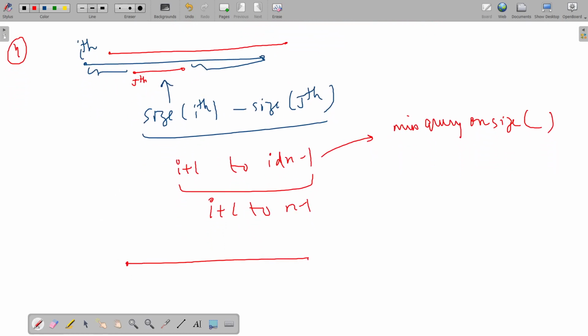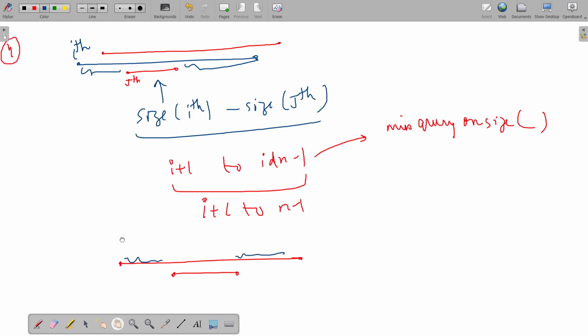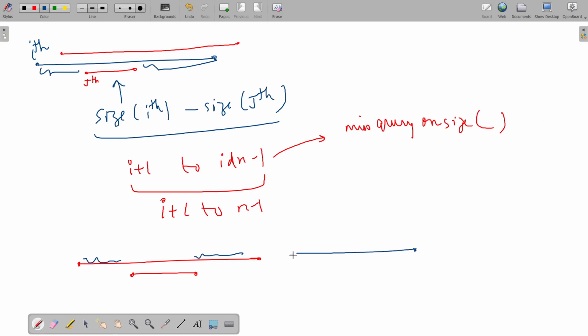See, if this is the case, then we will get the correct answer. If we subtract the sizes, then we will be left with this much portion. But suppose the ranges are like this: this is the first range and this is the second range. Even if you subtract them, normally the answer that you would have gotten is either this range or this range. But because we assume this to be the maxima, I covered this in the second and third case, or we can assume this to be the minima.